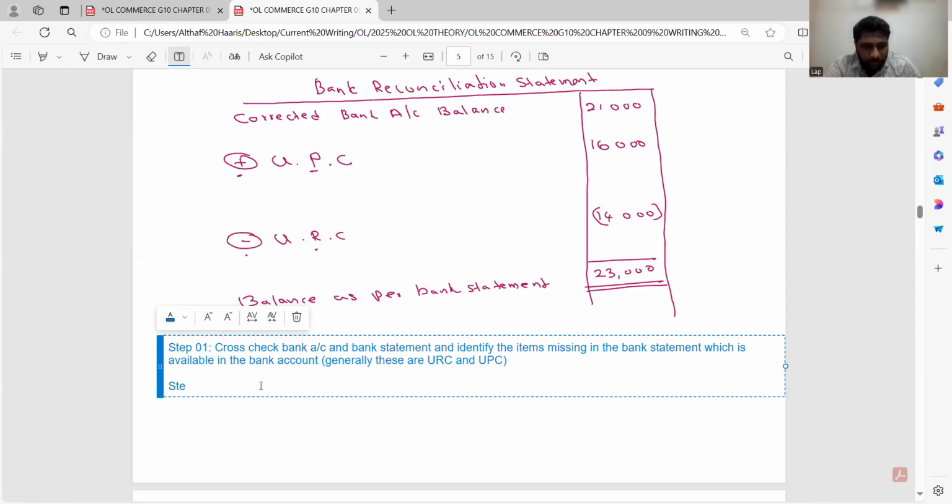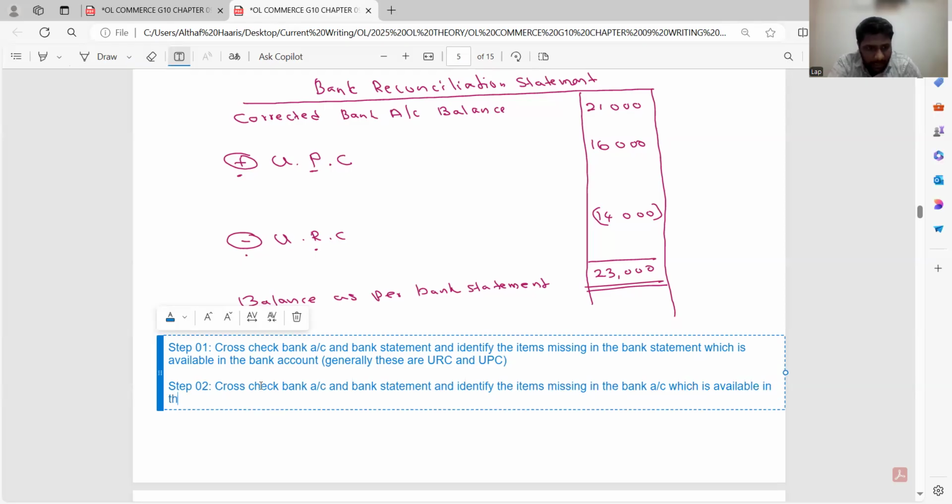Then step 2. Cross-check the bank account and bank statement and identify the items missing in the bank account which are available in the bank statement.